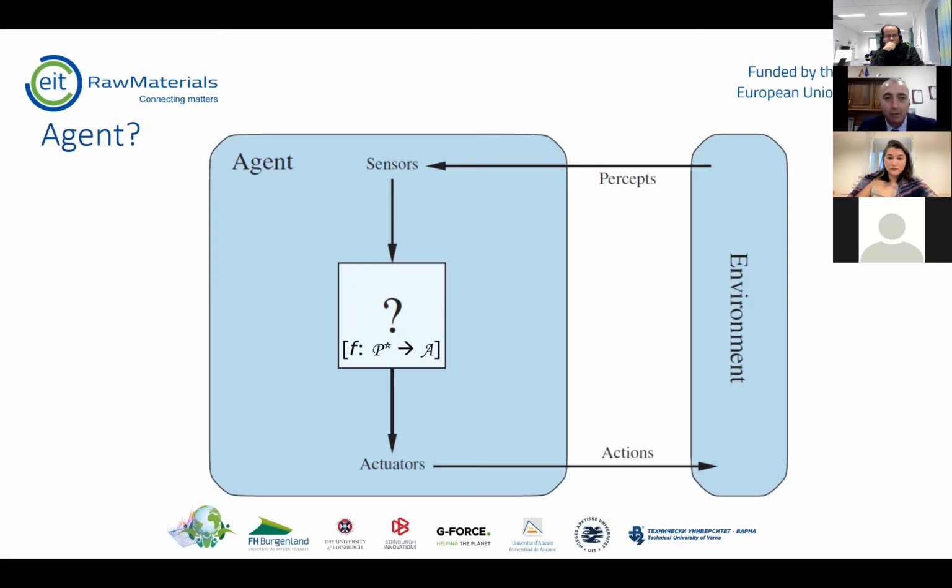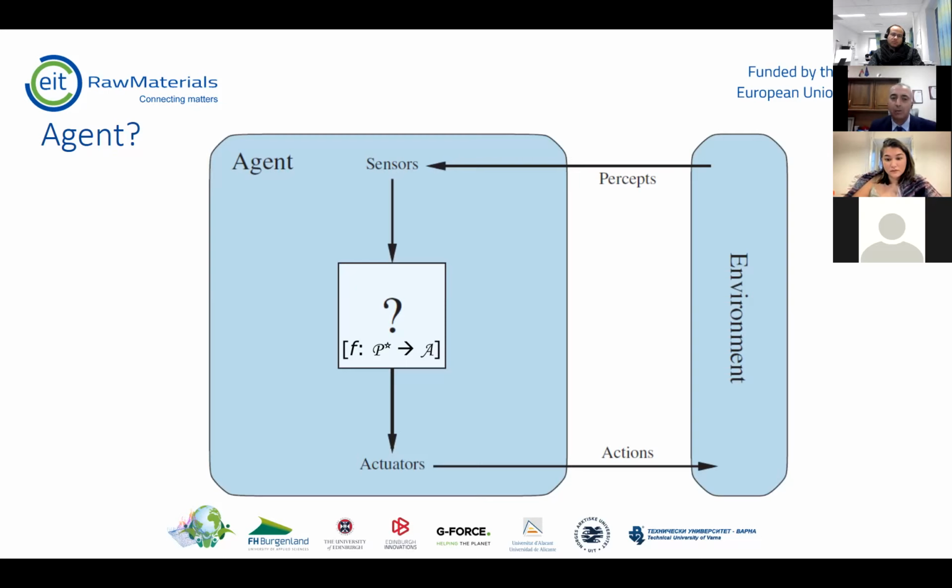What is a rational agent, however? That means the agent, for every possible perception or sequence of perceptions, selects an action that is expected to maximize the performance measure, given the evidence provided by the observation and the knowledge it has at this time.